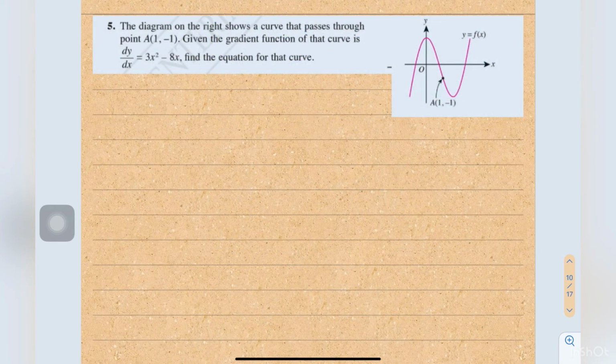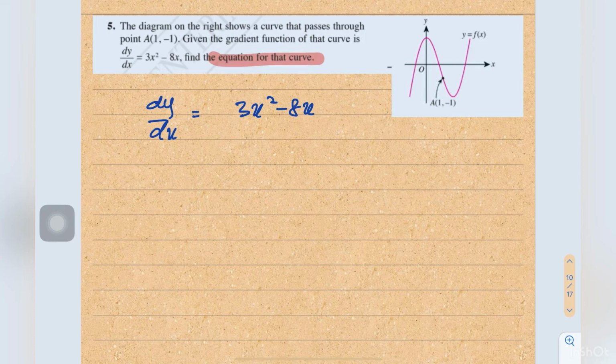Question number 5. The diagram on the right shows a curve that passes through point A, (1, -1). Given the gradient function of the curve is dy/dx equals 3x squared minus 8x, find the equation of the curve.